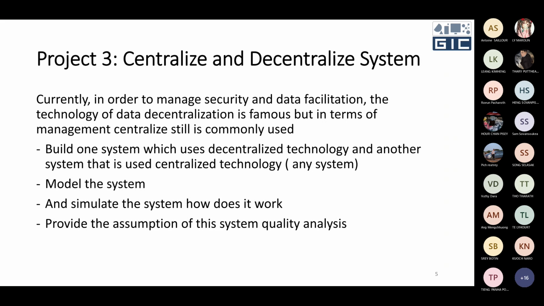I think you have finished your network administration class already, right? Yes, sir. In the network administration class, I think you have learned about NAS, network attached storage.